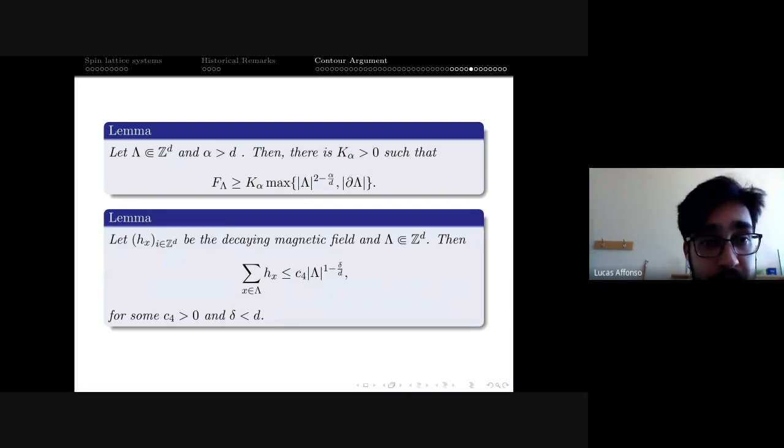For this, we have two nice lemmas. The first one is that, depending on the decay, the contribution from the long range is lower bounded by something like 2 minus alpha over d.